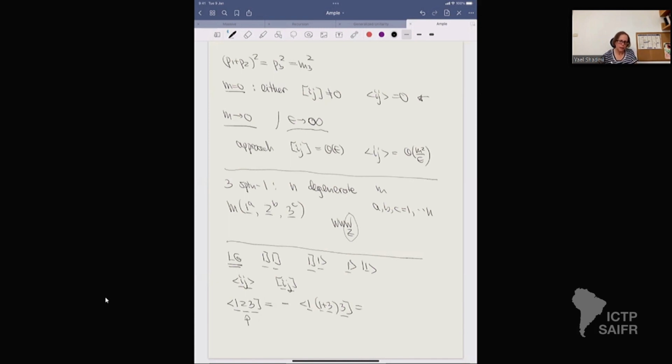And that's just going to give us, first of all, the 1 can act on this guy and give us minus m1, 1, 3. Or the 3 can act on this guy and give us m3, 1, 3. So the only things that we can have appear here are just products involving 2 spinors, like an angle product like this, or a square product like this.